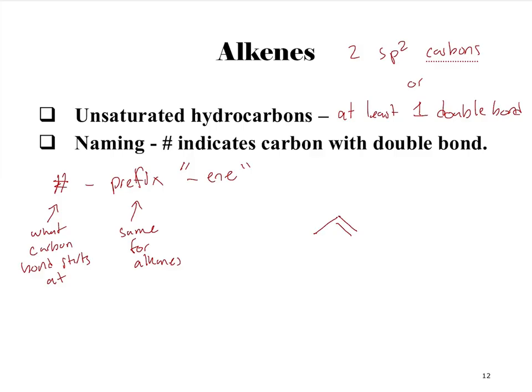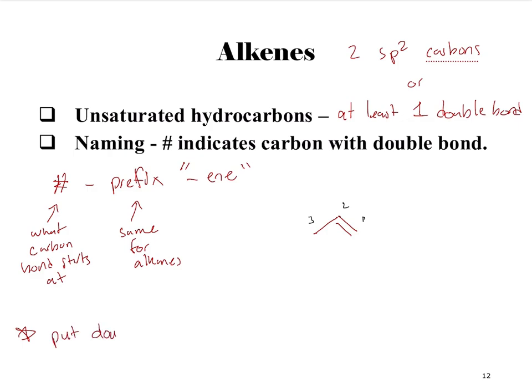Then just one. You could number this chain 1, 2, 3, because now the highest priority group is the double bond. So this has a higher priority than alkanes. You're going to number this chain such that the alkene goes on the lowest possible number. So that's something to keep in mind.